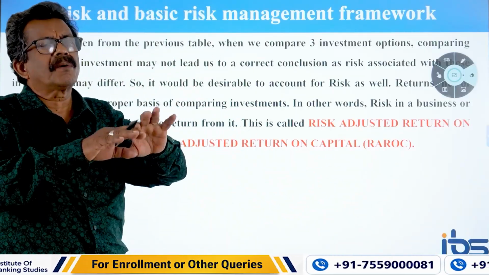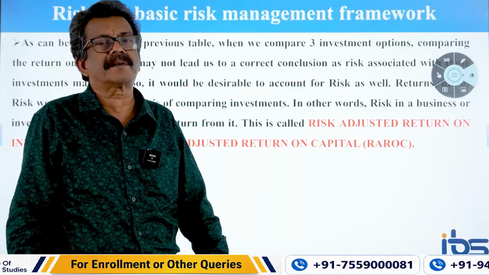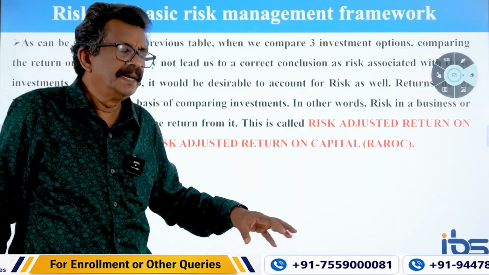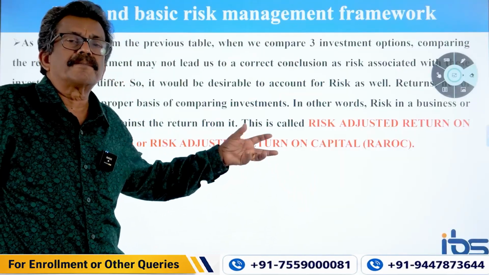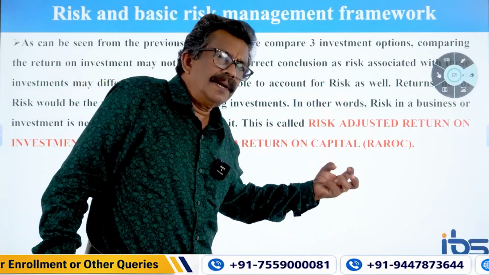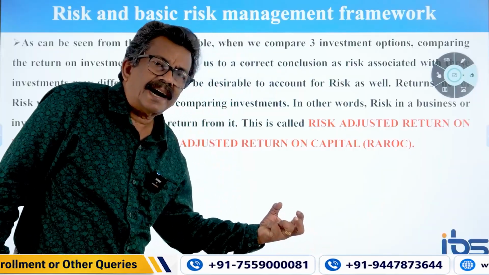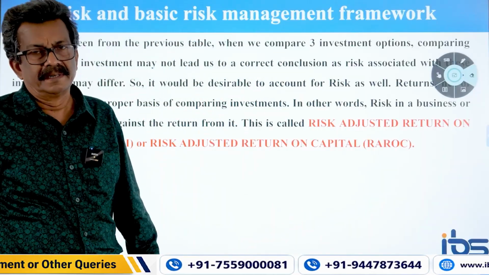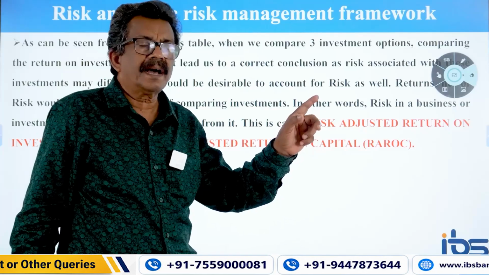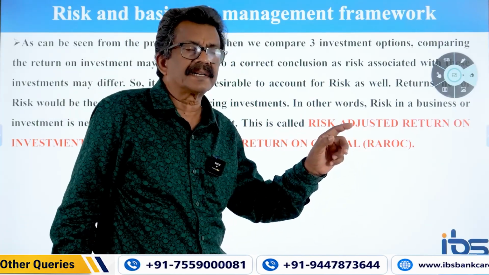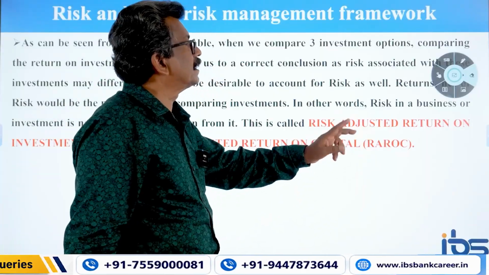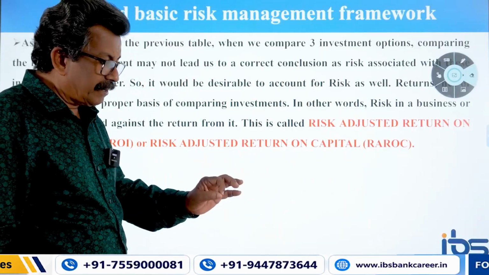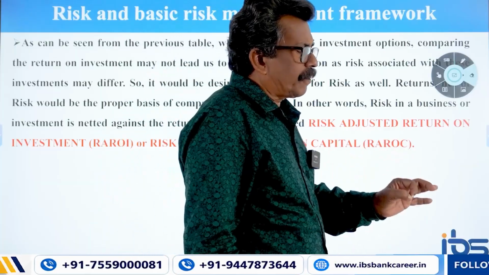You are factoring all the expenses, the risk factor also has to be factored, and you have to reduce that cost of risk from your net profit. Then only you will get a risk adjusted return. That is called RAROC, risk adjusted return on capital. That will tell you the exact profit.